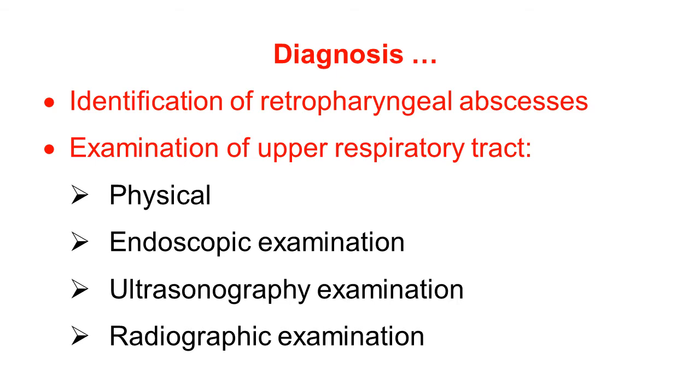The non-invasive technique, endoscopic examination, is also helpful. Ultrasonographic examination of the upper respiratory tract is also helpful. And radiographic examination, this latest tool, can help in confirmation of the disease.